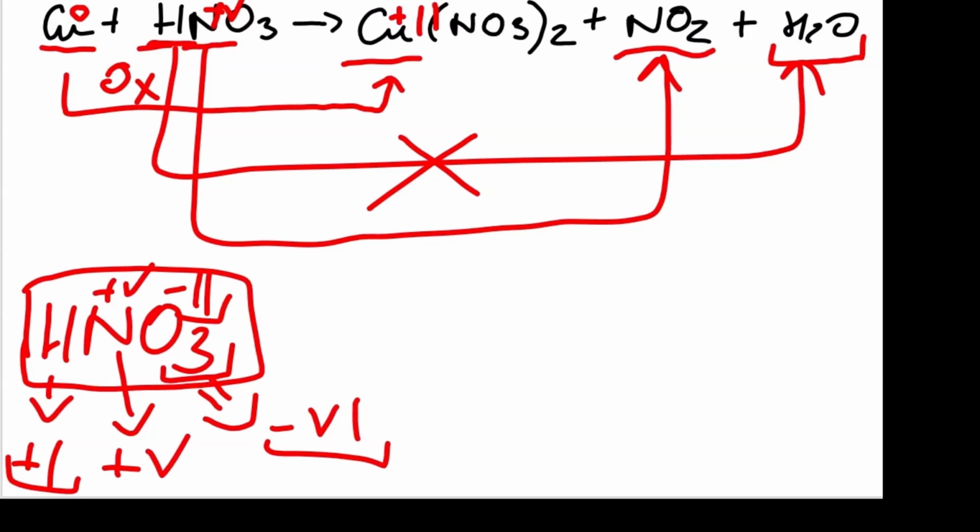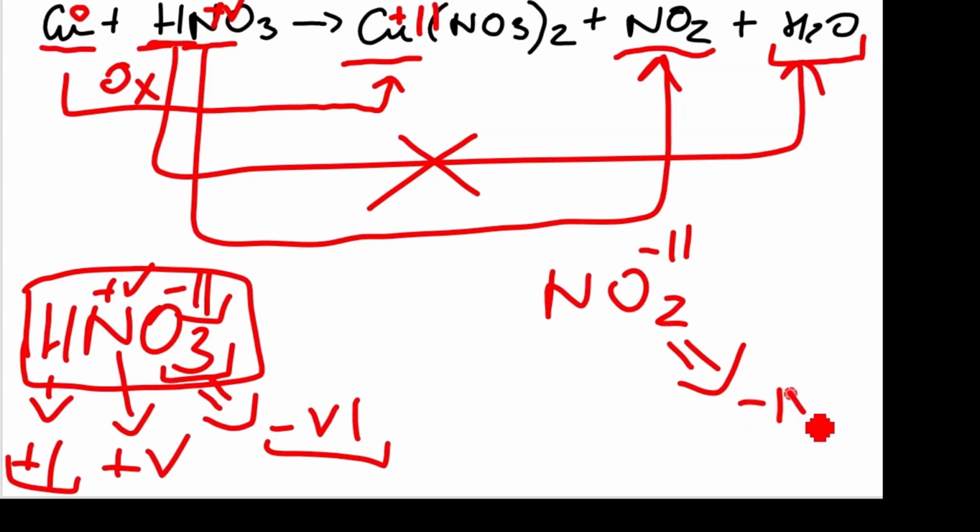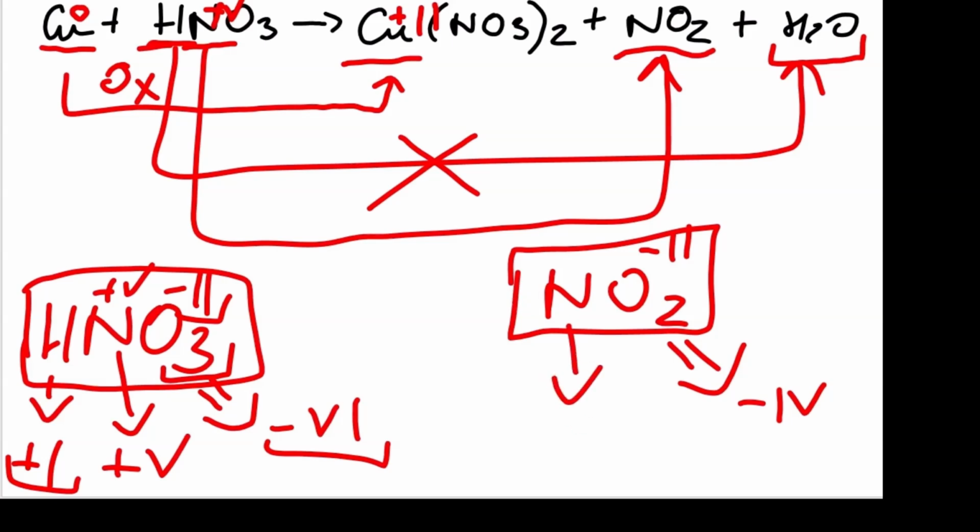Okay, let's look at this nitrogen oxide, nitrogen dioxide. In nitrogen dioxide, the oxygen oxidation state is equal to minus 2, which in sum gives us minus 4 because we have two oxygen atoms. The net charge of this nitrogen dioxide particle is, of course, equal to 0. So the oxidation state of nitrogen in this particle should be equal to plus 4.